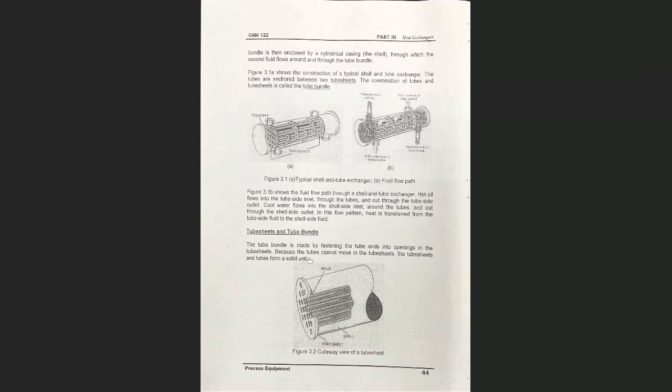Since the tubes are fixed to the tube sheet, it will look like one unit. Inshallah, you'll see it later on if you work in the industry, guys, when it is time to clean the exchanger.